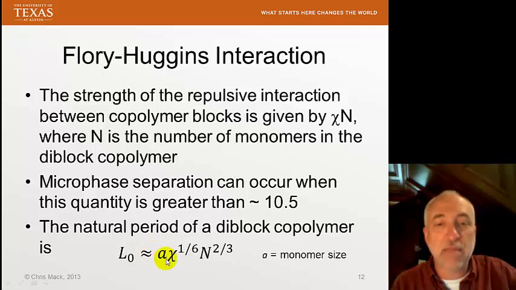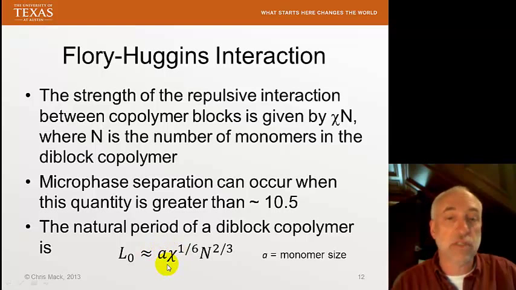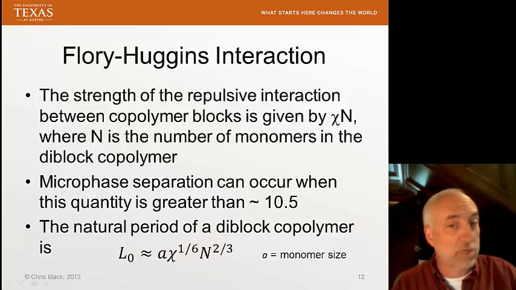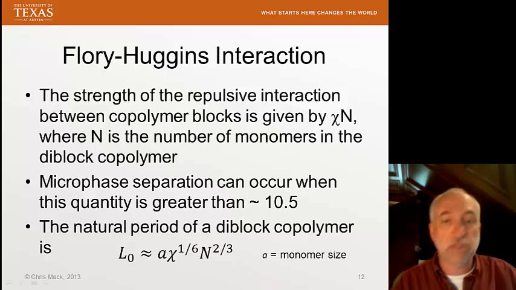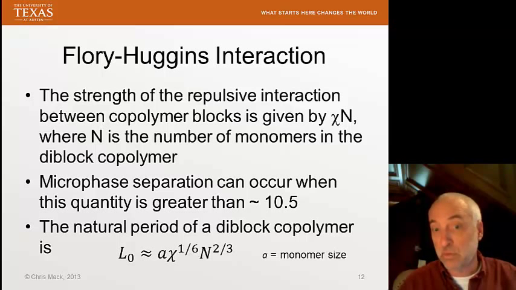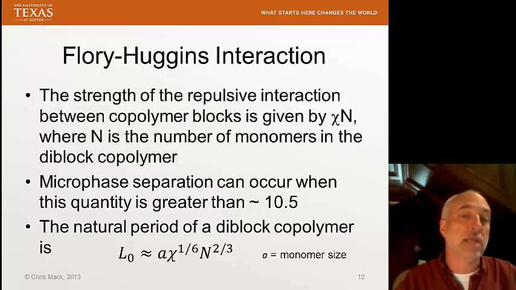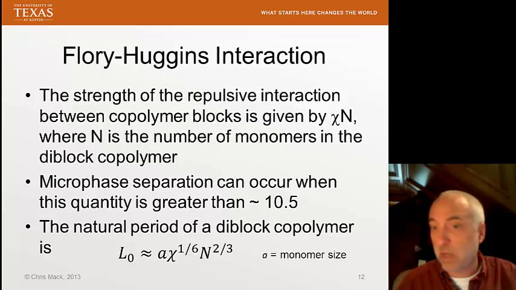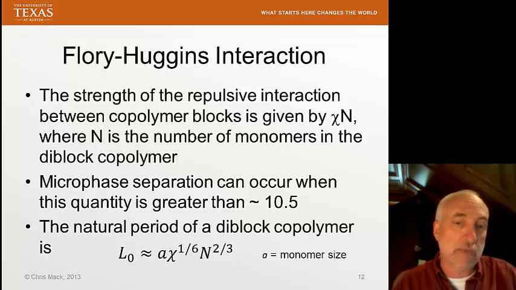It has A, the monomer size, chi, the Flory-Huggins interaction parameter, and N, the number of monomer units strung together to make a diblock copolymer. And with the certain powers, you can see that we can predict what this L0 is. Next lecture, we'll talk about resolution, that is, trying to make L0 smaller and smaller, how we actually go about doing that.